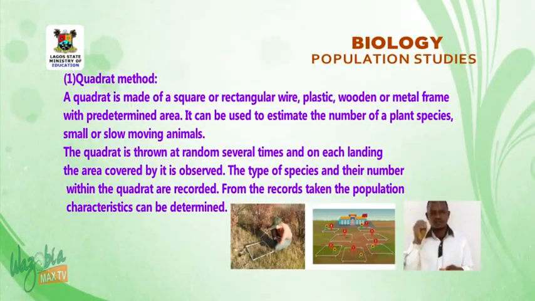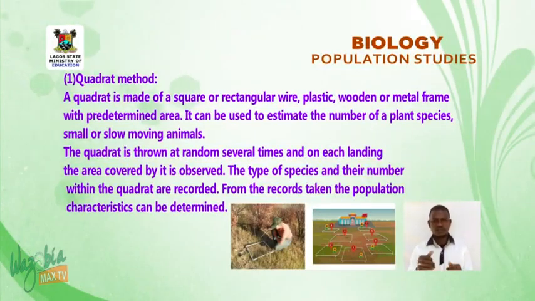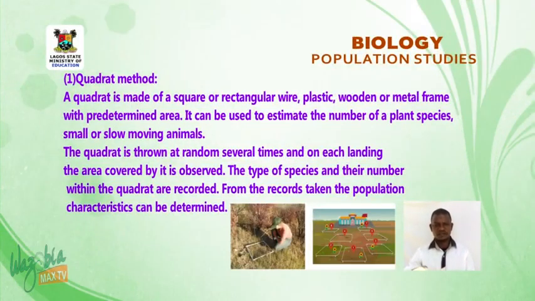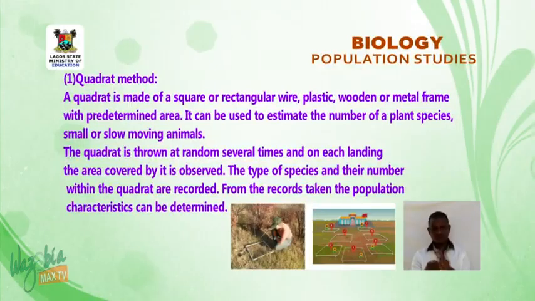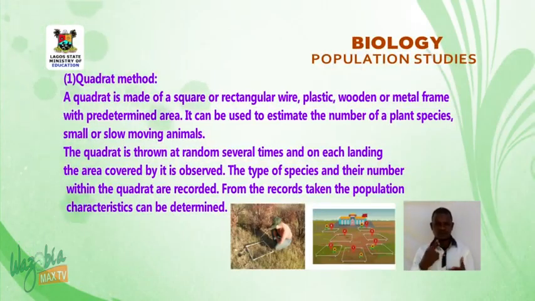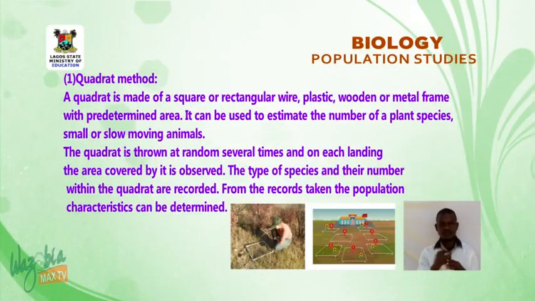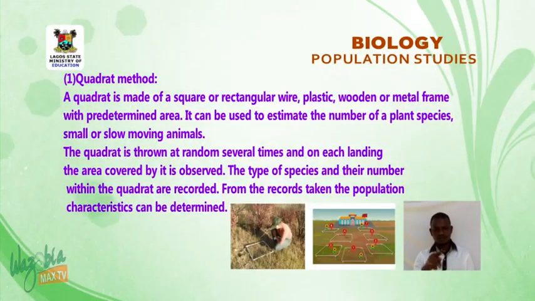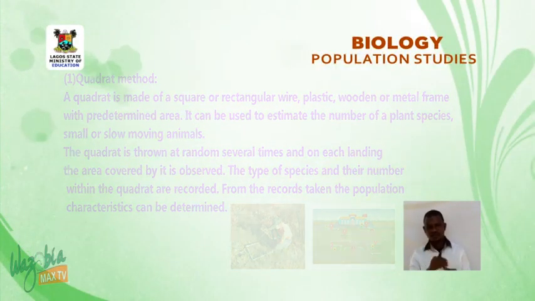The quadrat is thrown at random several times, and on each landing, the area covered by it is observed. The type of species and their numbers within the quadrat are recorded. From the records taken, the population characteristics can be determined.